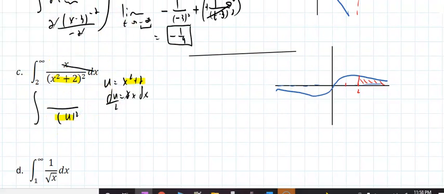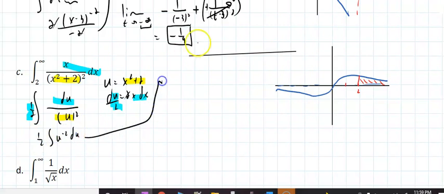And this is du with a 1/2. So I'll take the 1/2 up front and a du there. That's really u to the negative 2. So that is 1/2. Add 1 to the power, divide by that.